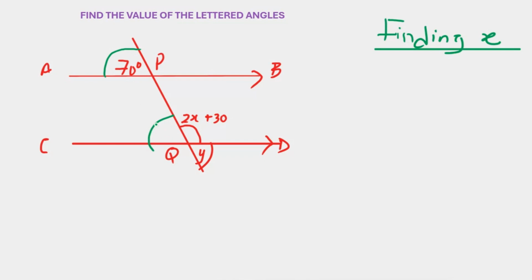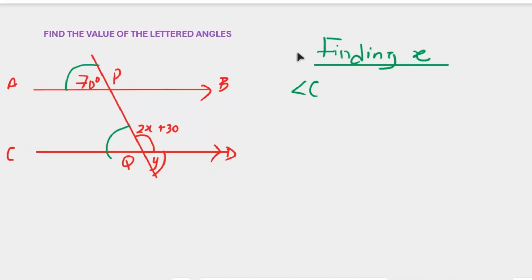So these are corresponding angles. This angle is called angle CQP. So this angle, 70 degrees, is the same as this angle. They correspond. So angle CQP is equal to 70 degrees, and they are corresponding angles.